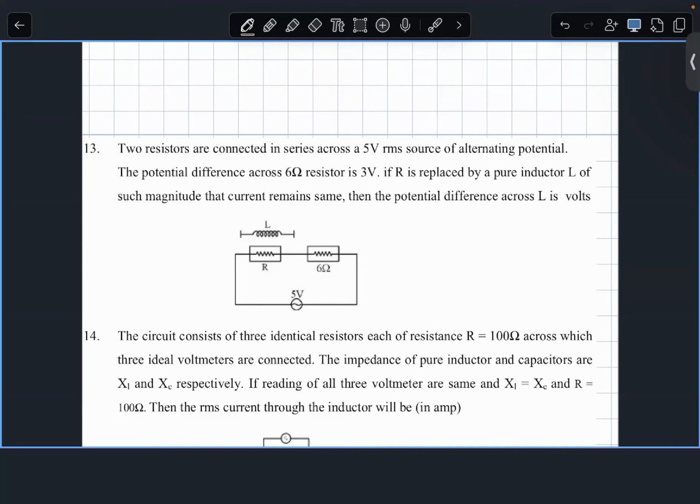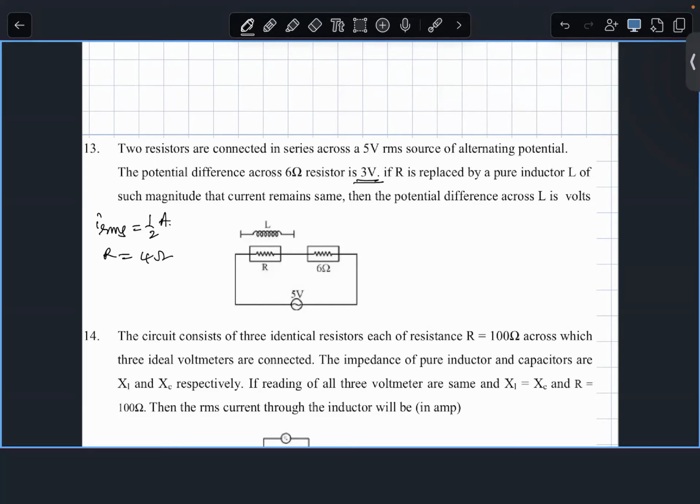In the initial case, IRMS is 1/2 amp. 1/2 into R must be 2 volts, so R is 4 ohms. For a circuit with only R, it is the same as an ohmic circuit. You can apply Ohm's law and KVL at any time, or even for average values, no issue.